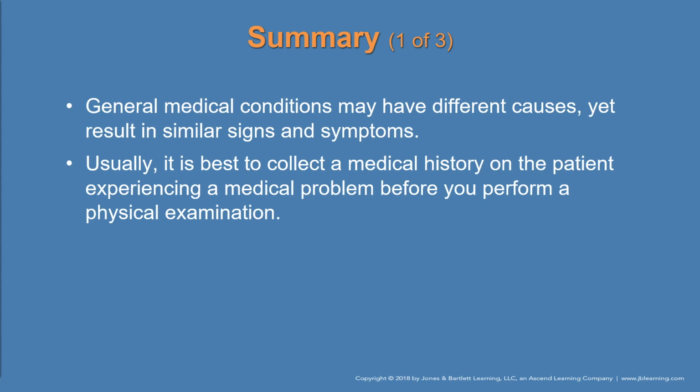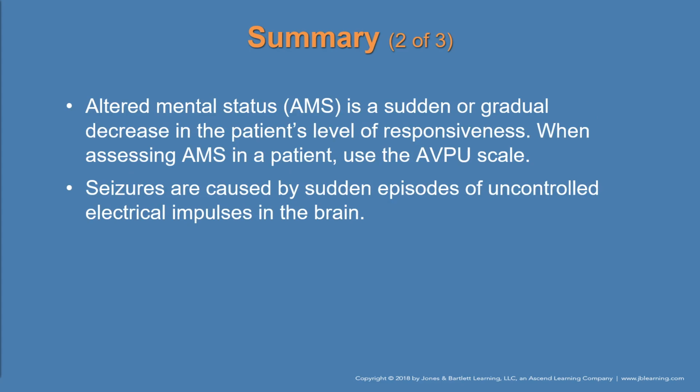With a patient who has a general medical complaint, follow the systematic patient assessment sequence. It's usually best to collect a medical history using a SAMPLE format before you perform a physical examination, right? And that should make sense. It's more important to figure out the medical causes of the problem than it is to poke and prod your medical patient. Altered mental status is a sudden or gradual decrease in level of responsiveness, and we use the AVPU scale.